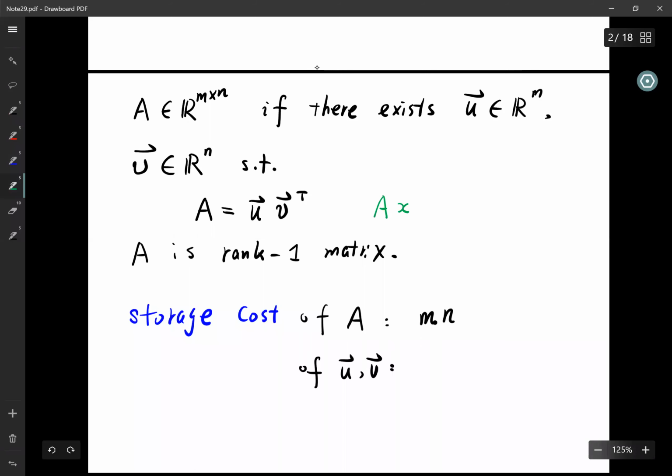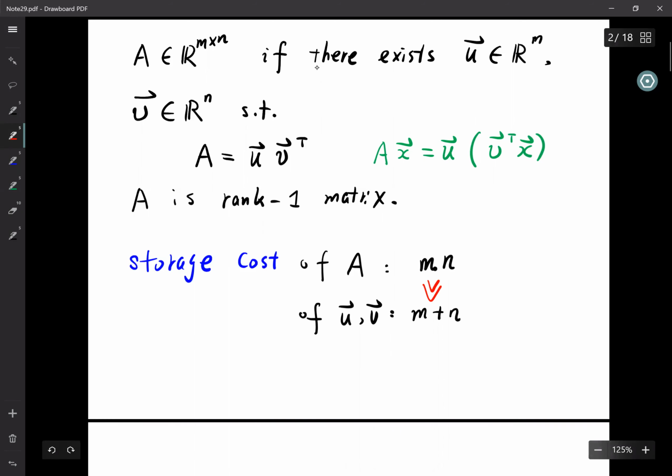Give me another x in R^n. Ax is just U V transpose x, the inner product between V and x. So really, this contains enough information. We don't need to necessarily store A explicitly. Then the cost is just m plus n. When m and n are large, m times n is way larger than m plus n, and therefore this is a much reduced storage cost.